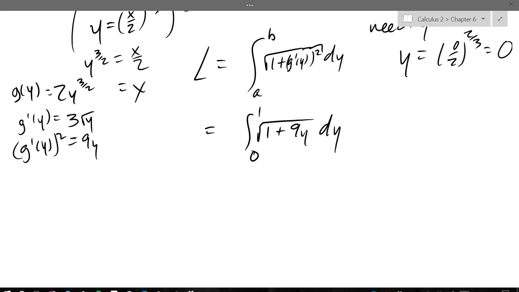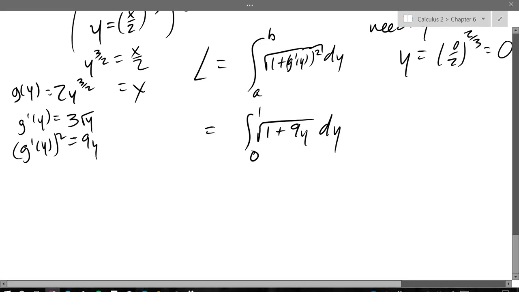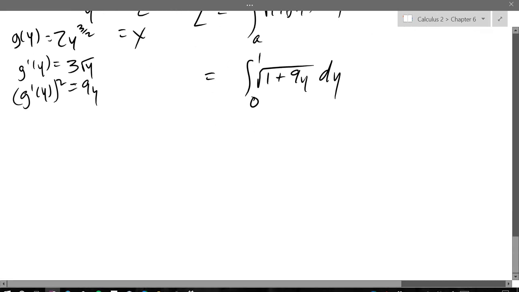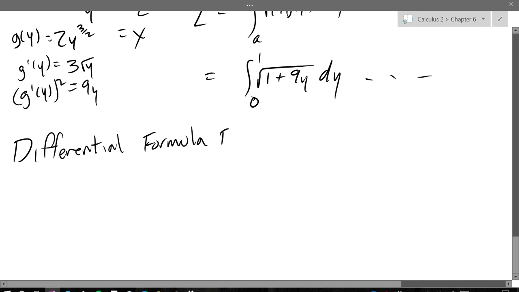We're going to look at is called the differential formula for arc length. So we're going to suppose that we have a continuous curve.